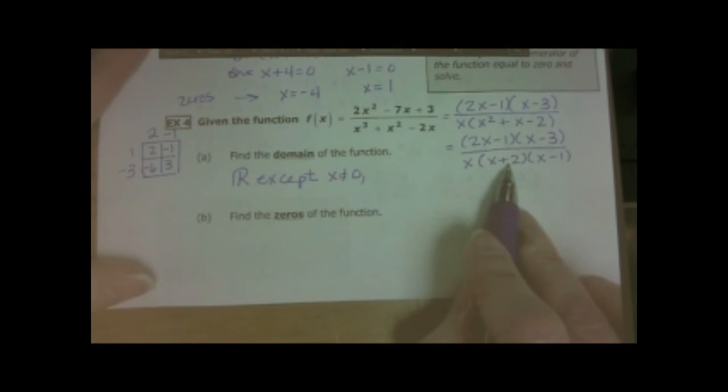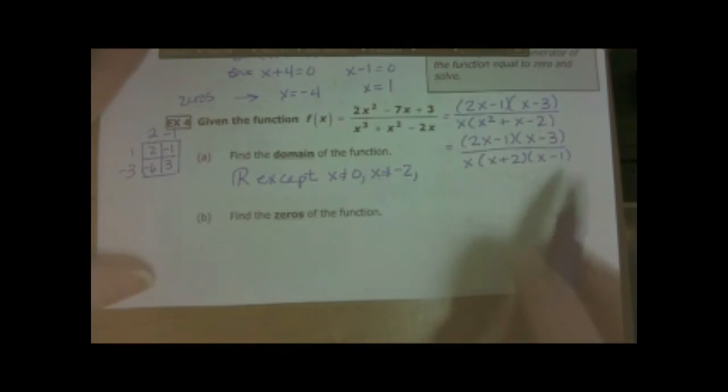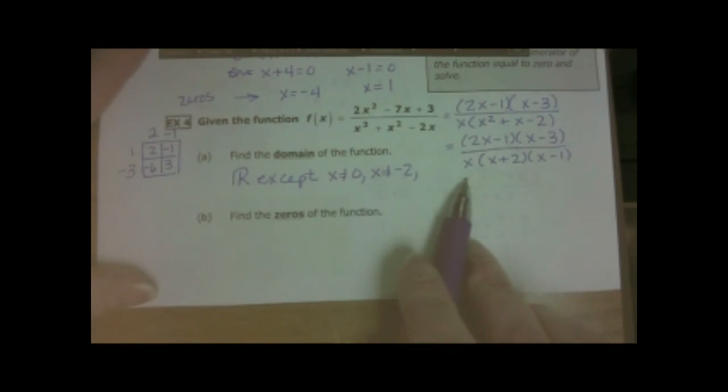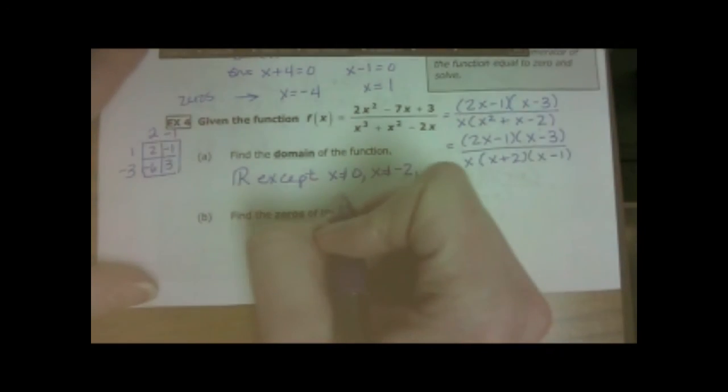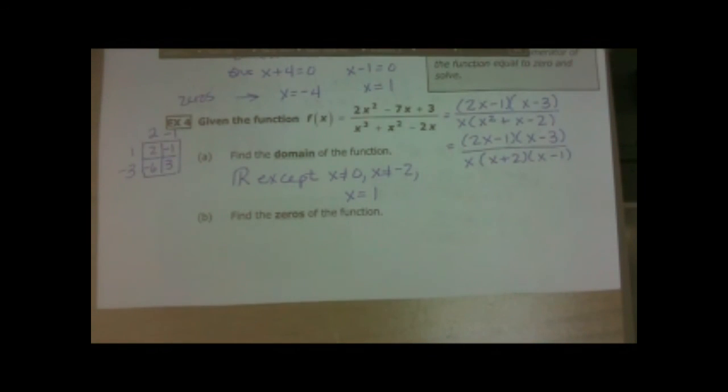That would give you a 0, and 0 times the rest of this stuff is 0. So x cannot be negative 2. And finally, x cannot be 1, because 1 minus 1 is 0. 0 times the rest of this stuff gives you 0. So x cannot be 1. And there is your domain. Those are the things that x cannot be.